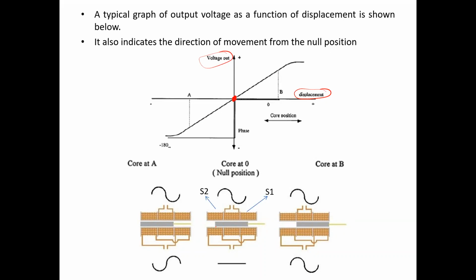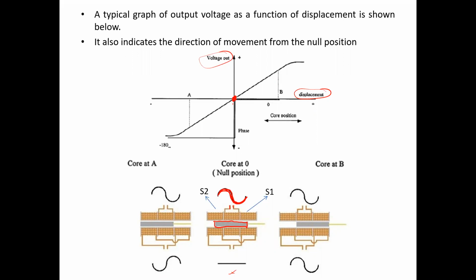The null point is when the iron core is placed at the center, so that both the windings get an equal share. So even if you are providing alternating voltage at the primary side, at the secondary side the differential output will be 0, as indicated over here, and that can also be represented through this highlighted point over the axis.